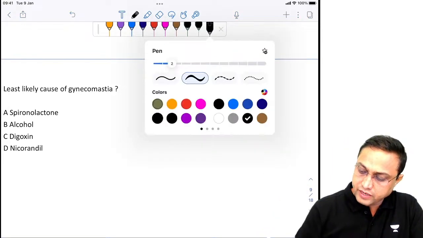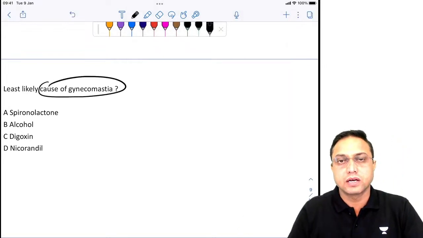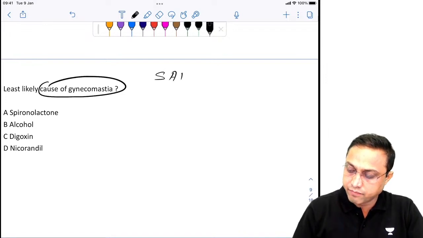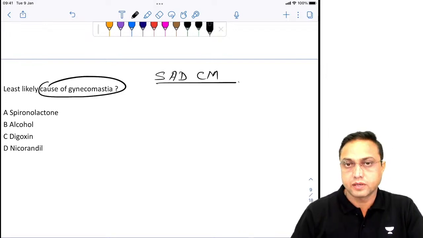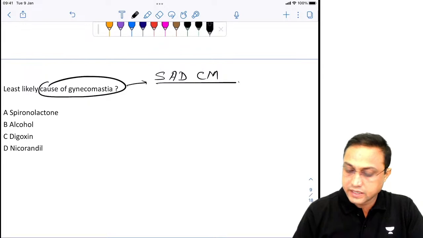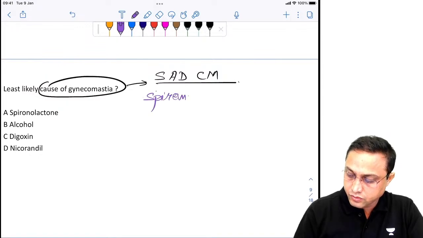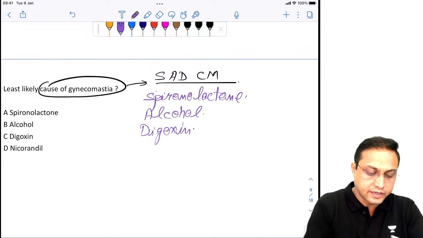Guys, do remember the very easy causes of gynecomastia. When I was a student, I made a mnemonic: SAD CM. SAD CM means I'm just telling you about the causes of gynecomastia. S is spironolactone, A is alcohol, D is digoxin, right?